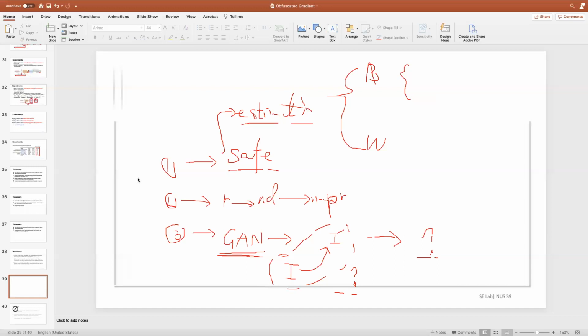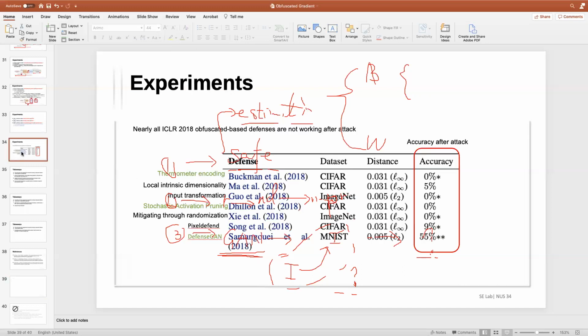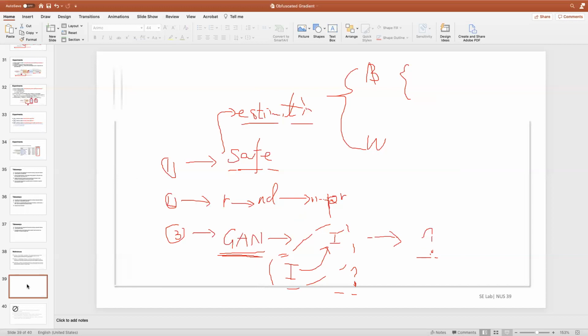The first is that this paper only attacks one gradient masking or gradient disappearing approach. But given this philosophy, it attacks three actually. Okay, three. That's fine.